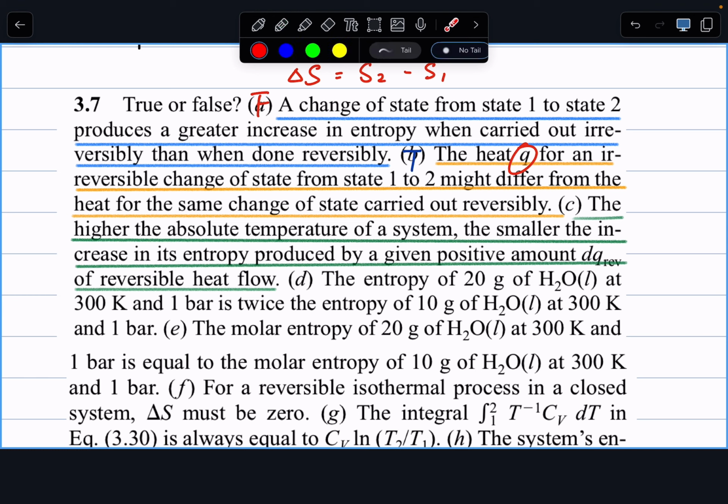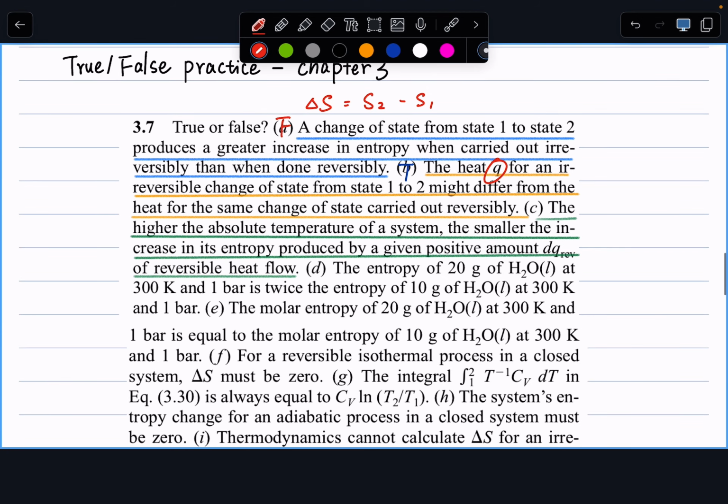So it's asking about entropy, dq reversible, and temperature. Let's just write down the definition of entropy, right? So my dS equals dq reversible over temperature. So naturally, if my dq reversible is a constant positive number, then at higher temperature, my dS will be smaller. So this statement is correct.